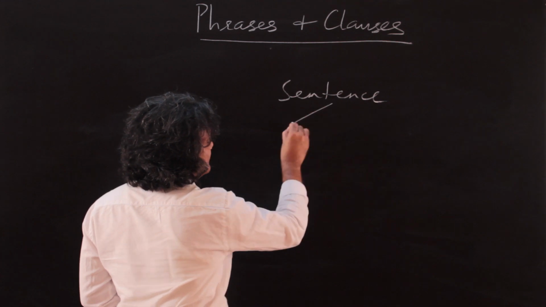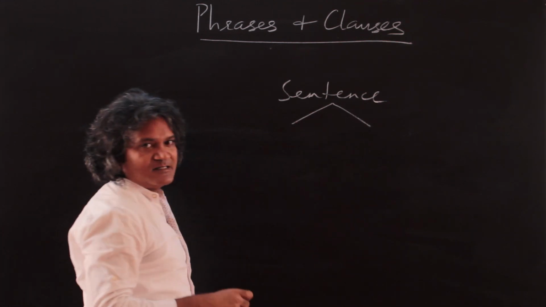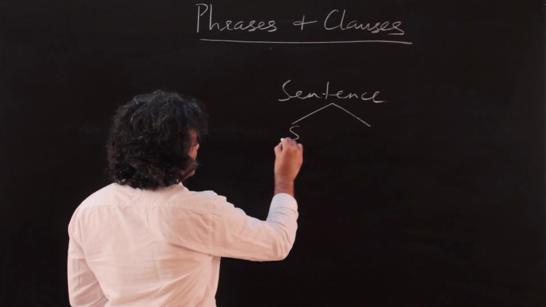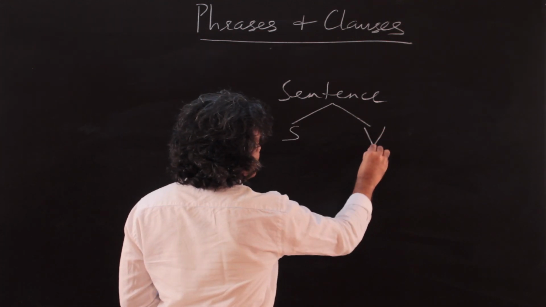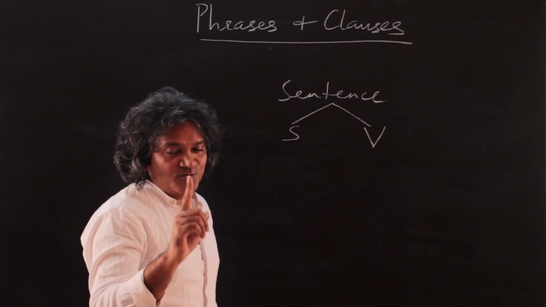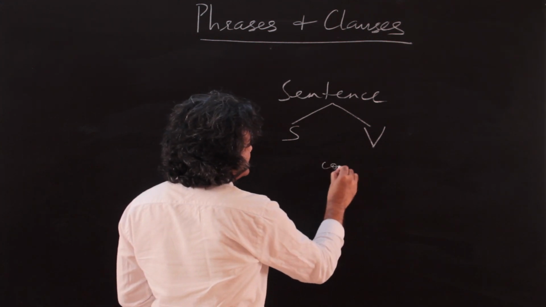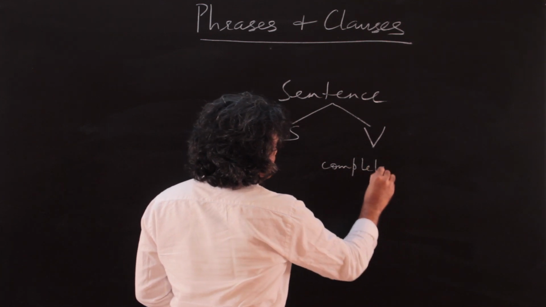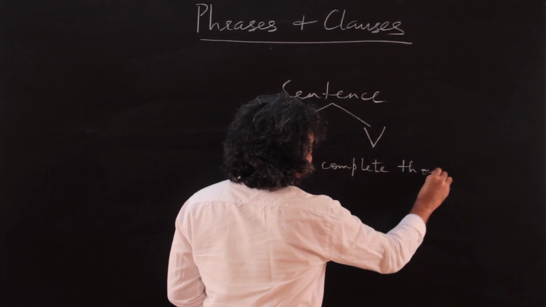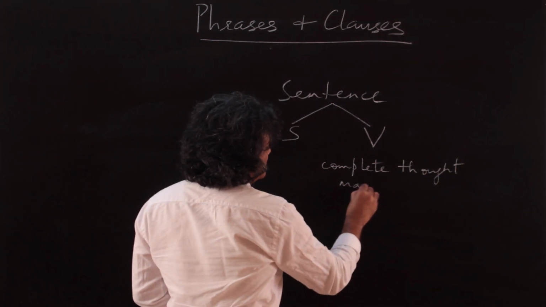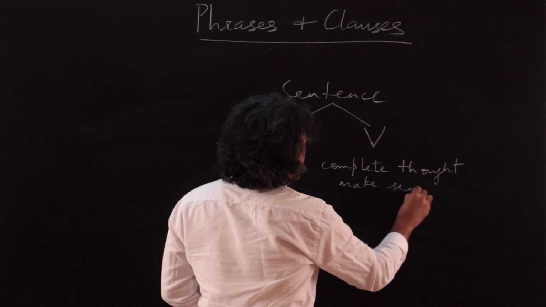What is a sentence? If you remember, a sentence has to have two things. It needs to have a subject. It needs to have a verb. But it needs to fulfill one more condition, and that is that it needs to express a complete thought, which means it needs to make sense.